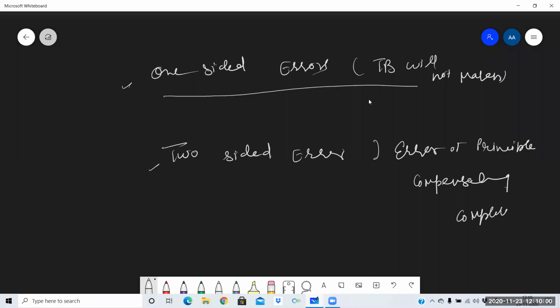All these are two-sided errors, and basically these will be not affecting trial balance. So this is all about the different types of errors and whether they will be affecting the trial balance or not.